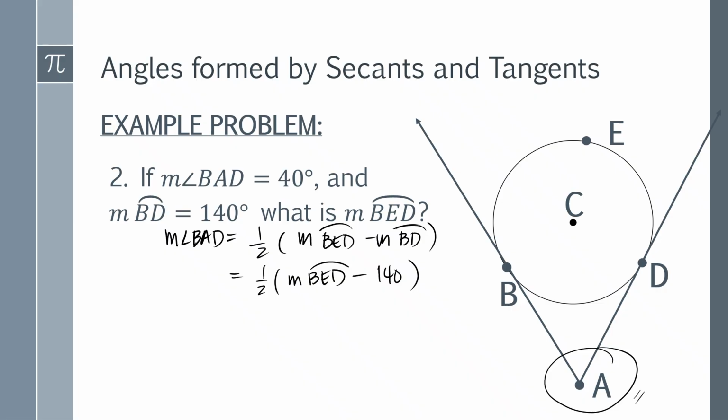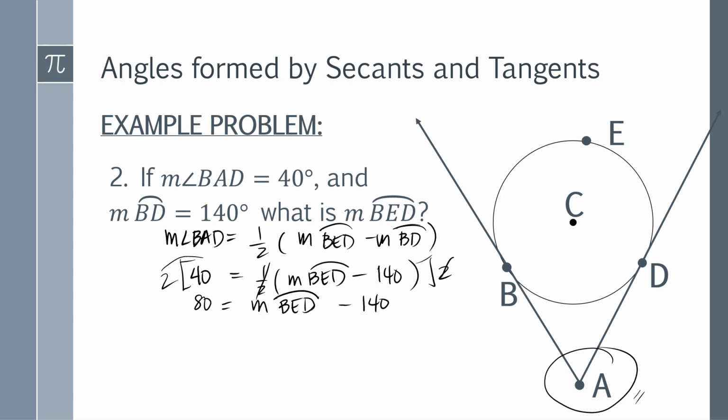And we know that the measure of angle BAD now is 40 degrees. Since we have 1/2 here, you have to remove it by multiplying both sides by 2, such that you remove 1/2 and 2. So 40 times 2 is 80, equals the measure of major arc BED minus 140.